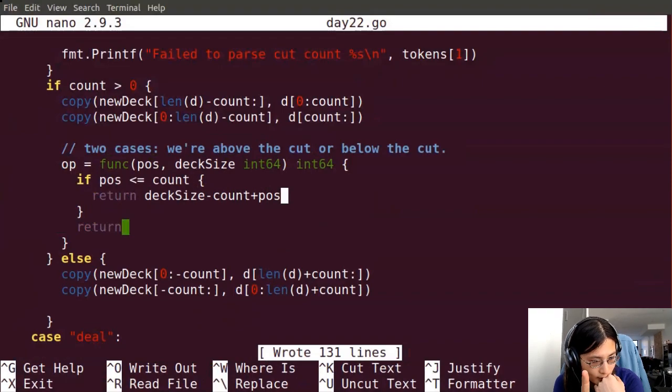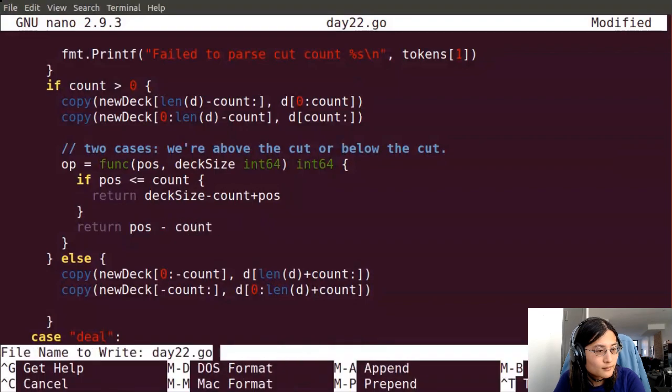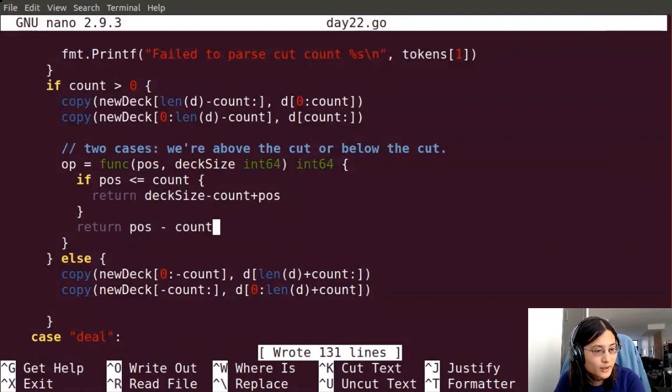If I move one card and I'm at position 0, then I should get moved to deck size minus 1, aka the last position. That seems fine. Otherwise, if I'm below the cut, then that seems correct. So if I'm at position 1, 0 next, and I get moved, and the top card moves to the bottom, then I get moved.